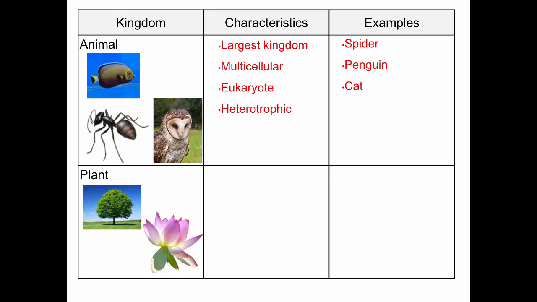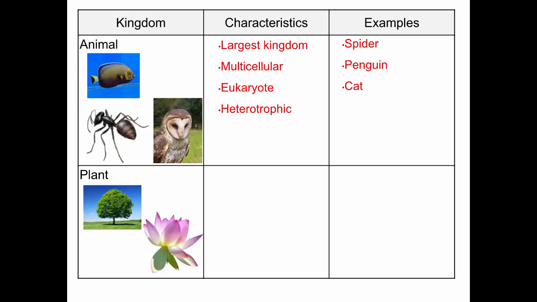We'll talk about that later on in our unit. We're going to talk about each kingdom one at a time. And when we get to animals, you're going to see different types of animals, including sponges and cnidarians. So that's fairly easy because we're familiar with animals.